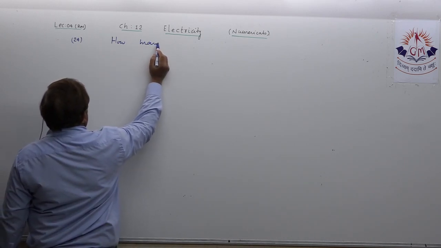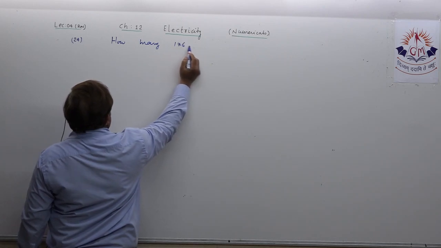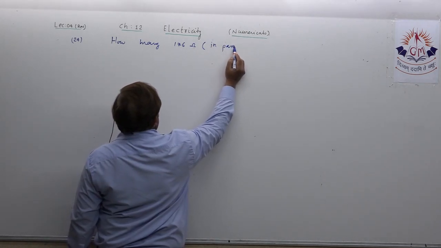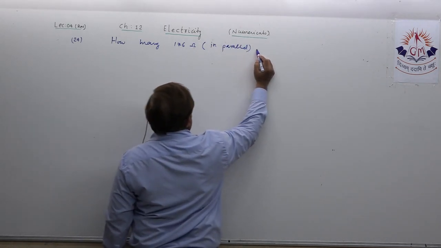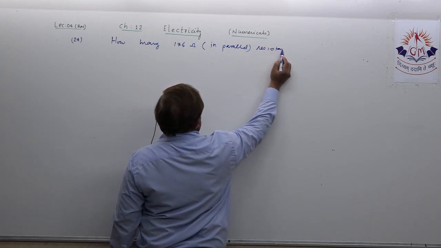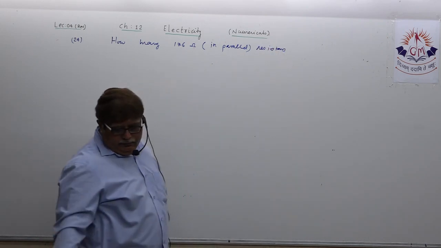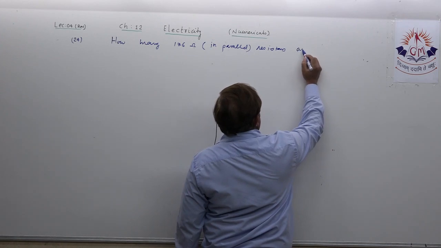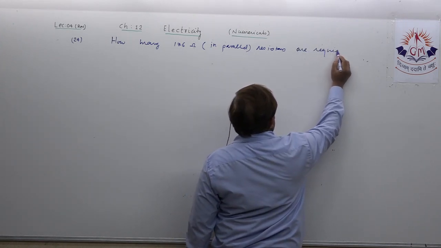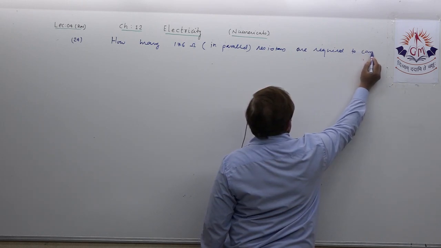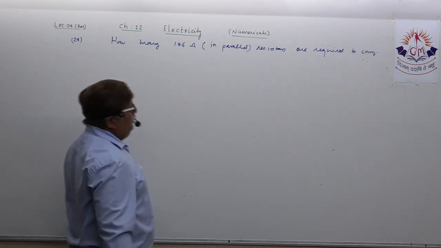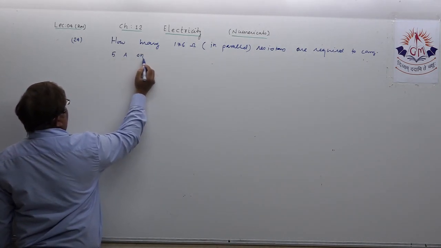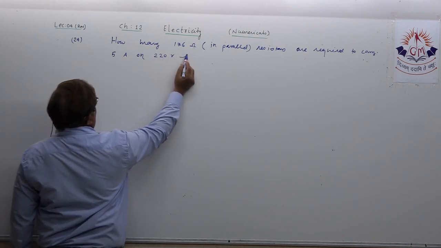See, how many 176 ohm resistors in parallel are required to carry 5 ampere on a 220-volt line.